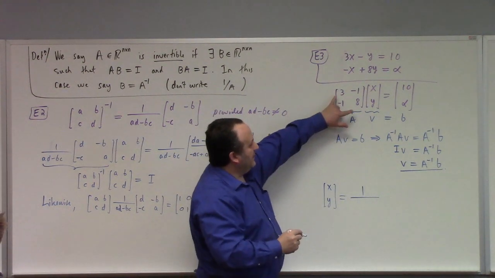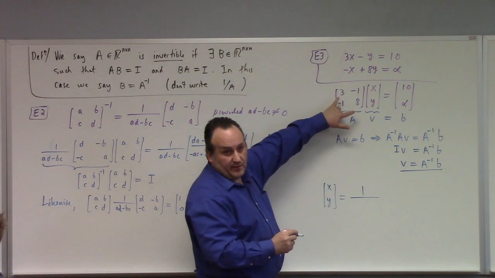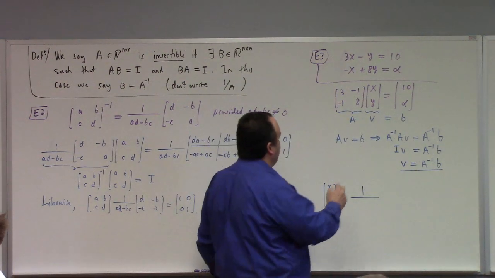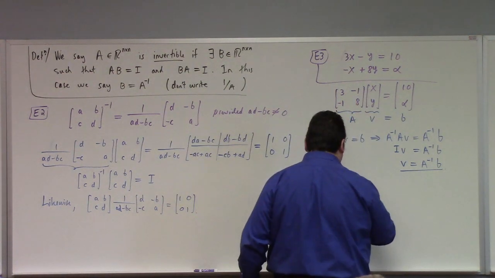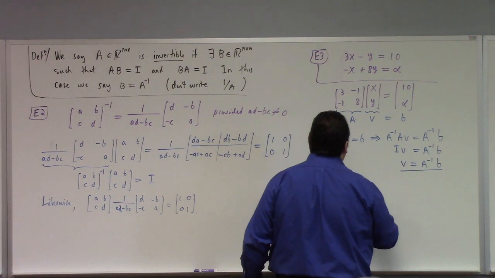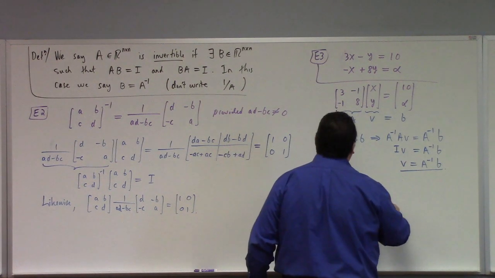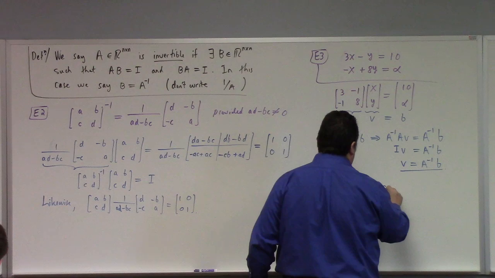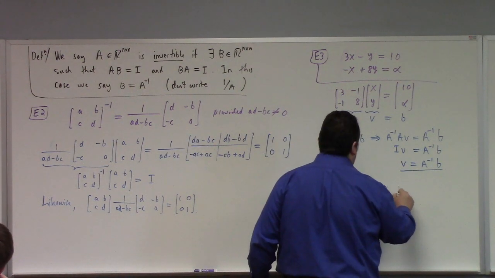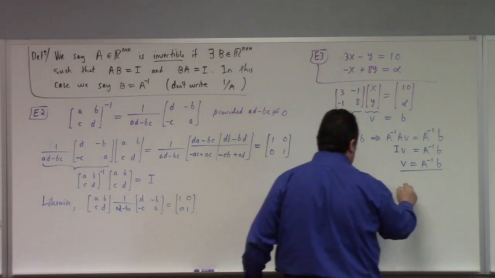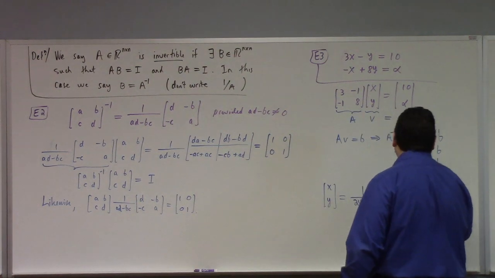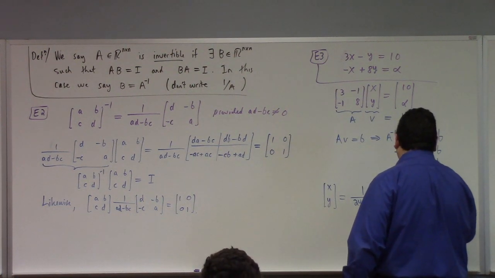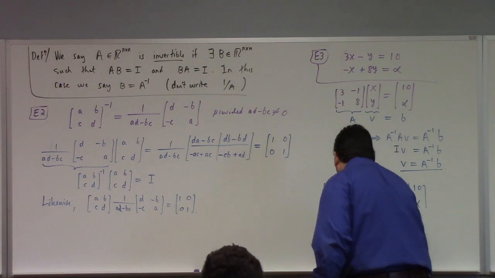We do what? A times D, which is 3 times 8, 24, minus what? Yeah, 24 minus 1, right? And we flip the diagonals. Minus is on the off diagonals. Multiply by my inhomogeneous term, my B, which is 10 alpha. And what do I get?